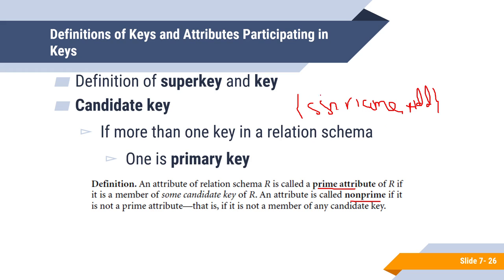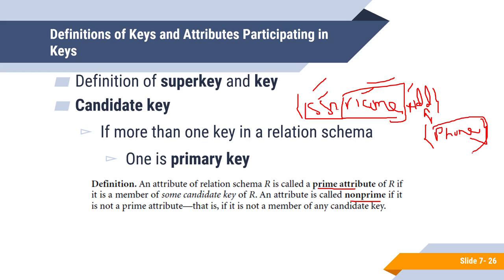Now SSN, name and address individually I can call candidate keys. Name is a member of a candidate key, so I can call it a prime attribute. SSN is a candidate key, so it is also a prime attribute. If I take the phone number or mobile number, is it a member of a candidate key? No. Then phone is a non-prime attribute.